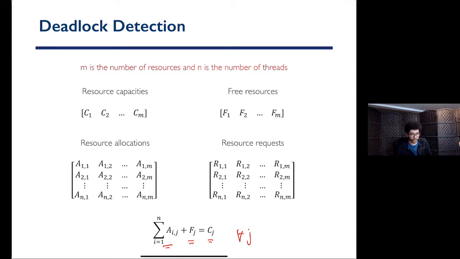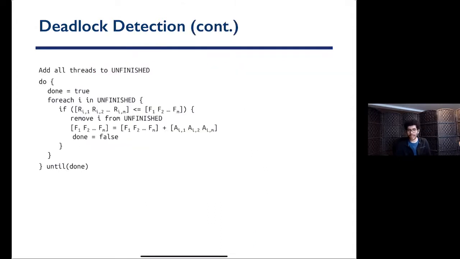Now, why do we need all of this? So here comes an algorithm to detect deadlock, if deadlock has happened. Now, this algorithm assumes that we have all those requirements. So it assumes that threads wait while holding resources.